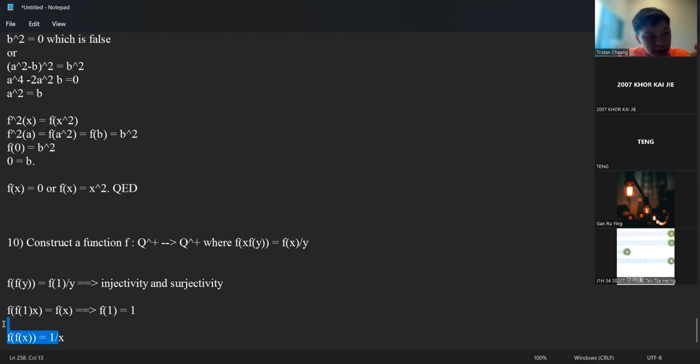Now from here, I think we can start to construct already. Is there any way to construct such a function? We want to bring x to somewhere, and then if I apply it again, it suddenly becomes 1 over x.